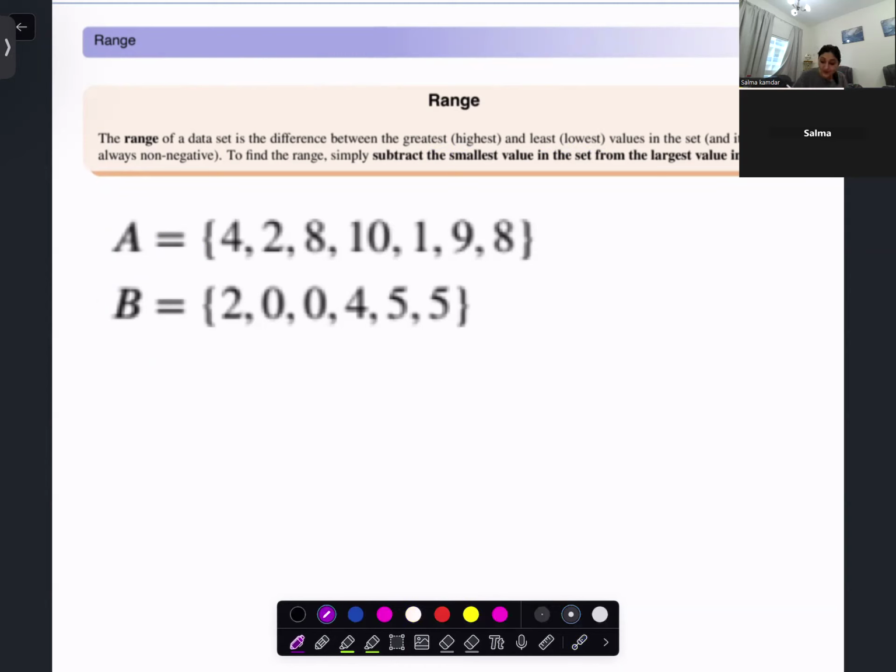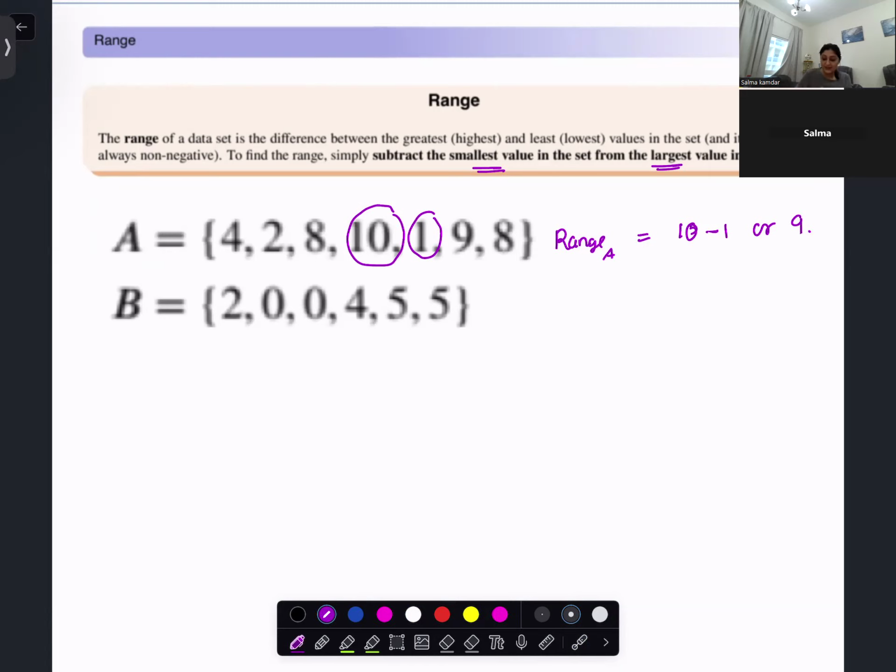To find the range, you subtract the smallest value in the set from the largest value. If I want to find the range of my set A, the largest value is 10, the smallest value is 1. So it is 10 minus 1, or I would say the range of my set A is 9.